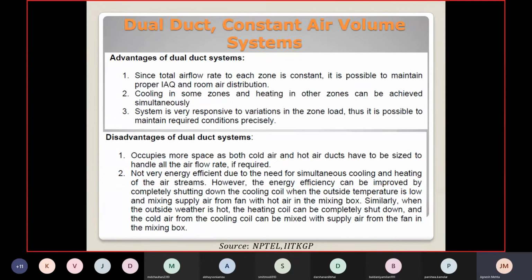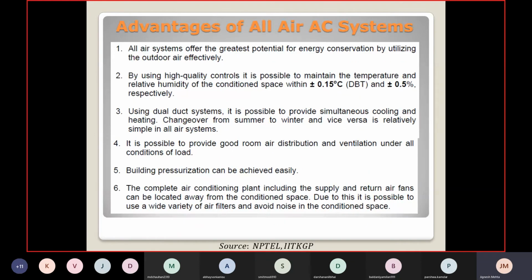If the outside air is at a low temperature, in that case you don't recirculate the air, but you take the outside air for cooling purpose. Right. Similarly, when the outside weather is hot, the heating coil may be completely shut down. Right. So you take the outside air for heating purpose. So that's possible, and you can save energy in such cases.